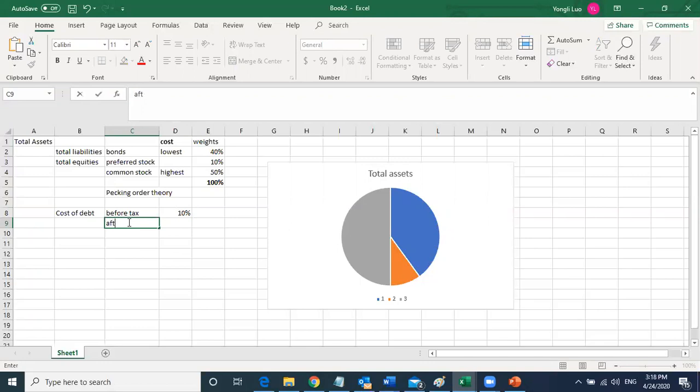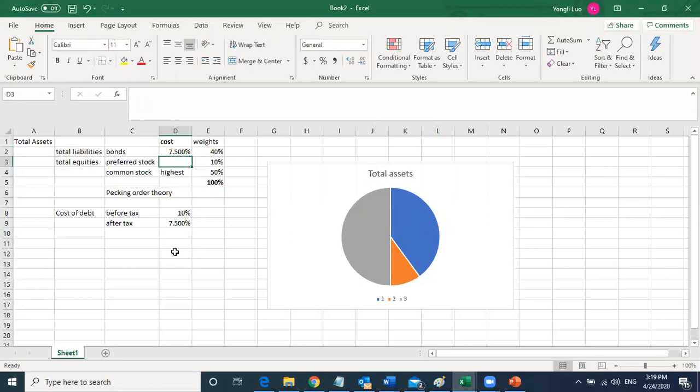So the after tax cost of debt is the before tax cost of debt times 1 minus the tax rate. Let's say the tax rate is 25%. That's the real cost of debt for the company, which is 7.5%. So we use that 7.5% for the cost of debt.